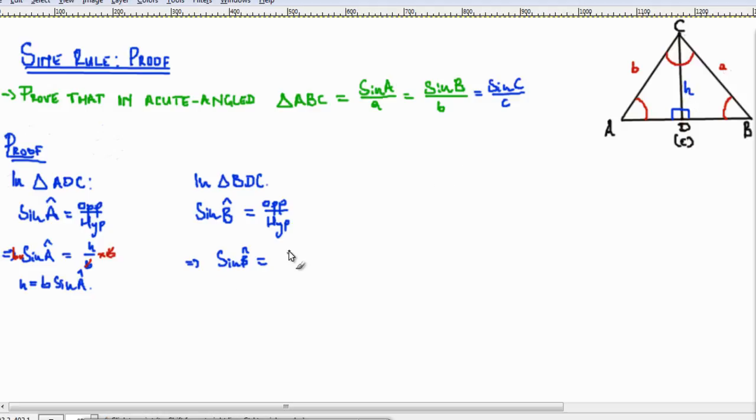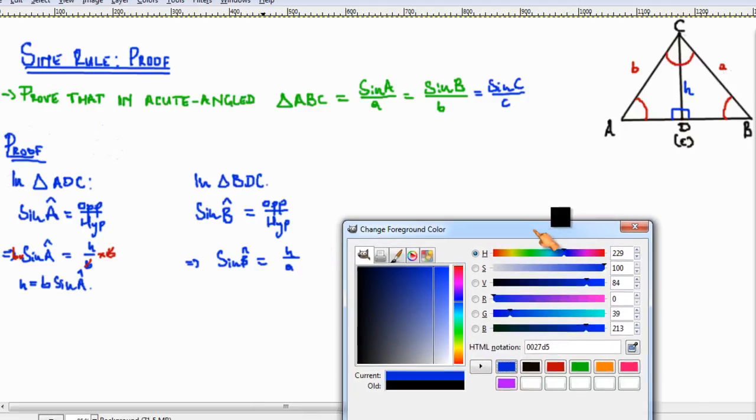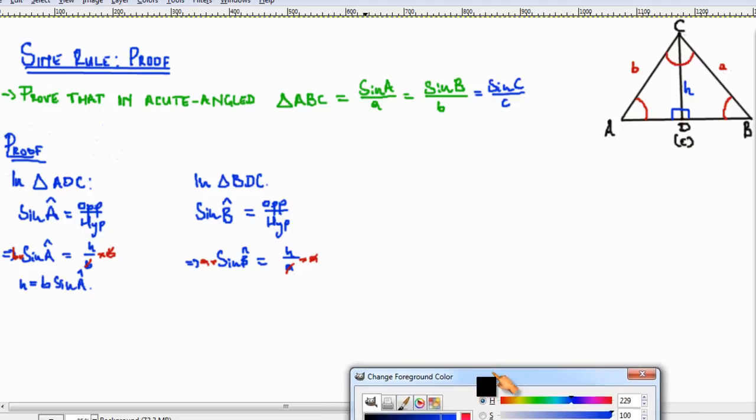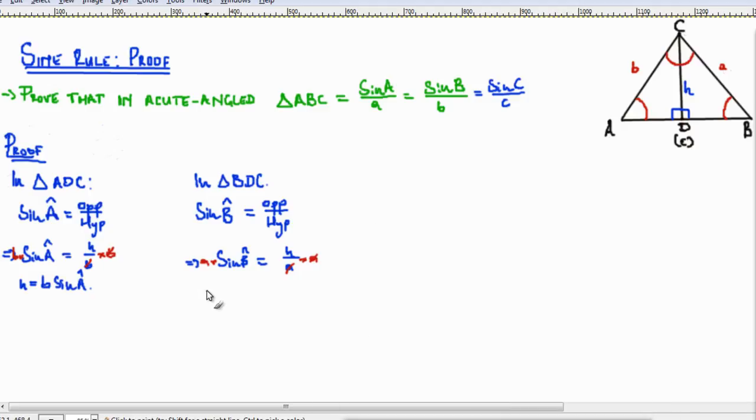So we still have h, but now we have h over a, because a is now our hypotenuse. Then if we make h the subject, we multiply by a on both sides, and this cancels out that, and then we have h equals a sine of b.